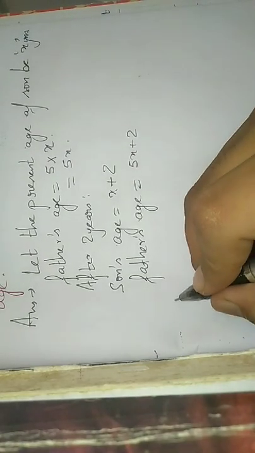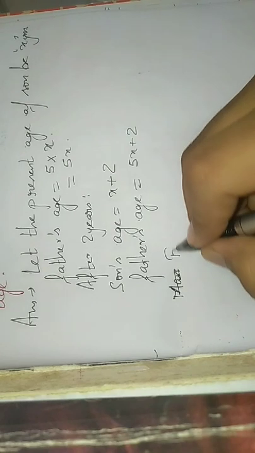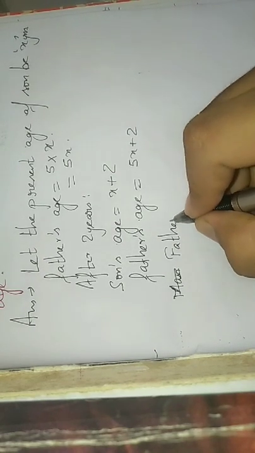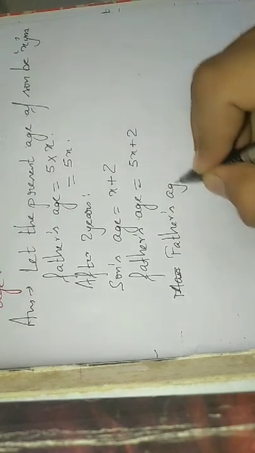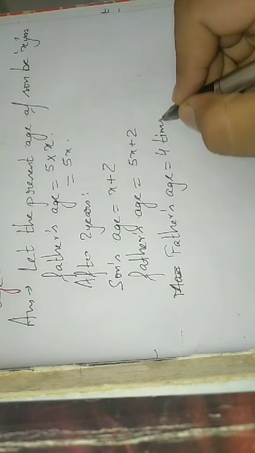After this, after 2 years, the man will be 4 times as old as his son. So what happens after 2 years? The man, means the father's age, man or father, the thing is same, will be 4 times the age of the son.